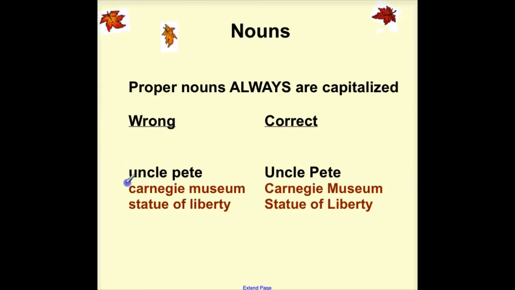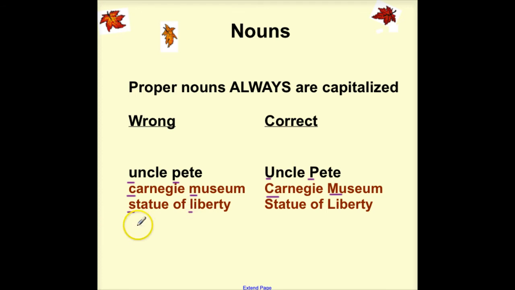It is wrong to write uncle Pete in lowercase. It has to be Uncle Pete with a capital U and a capital P. It's wrong to say the carnegie museum with a lowercase c and a lowercase m. That's the exact name of a museum, folks. It's got to be capital C, capital M. In statue of liberty, that's wrong.